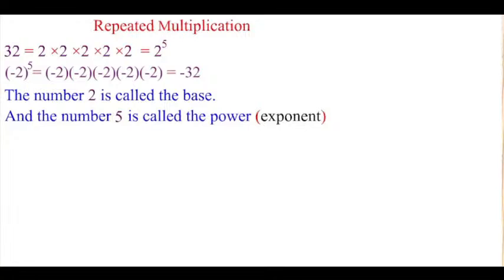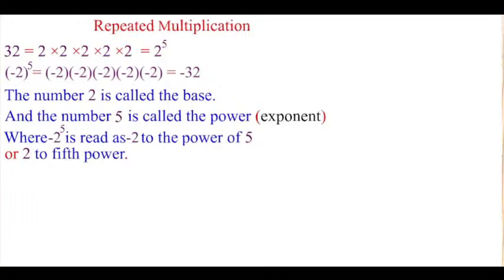That means the number 2 is repeated 5 times in the multiplication operation, and instead of writing 32 equals 2 times 2 times 2 times 2 times 2, we can write it as 2 to the power 5, where the number 2 is called the base and the number 5 is called the power or exponent.